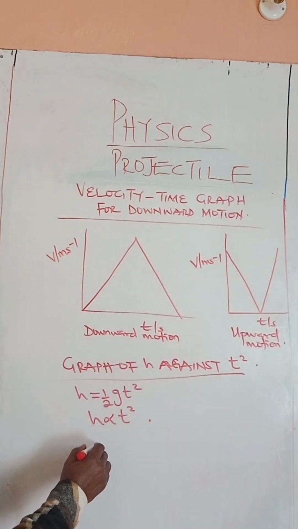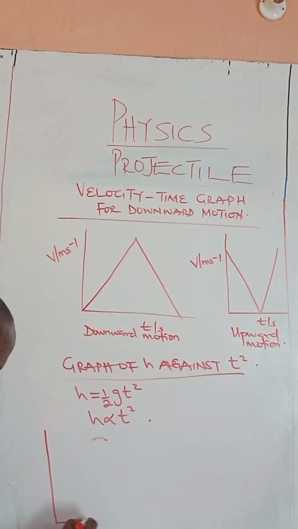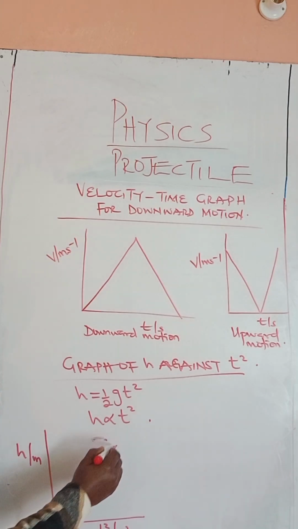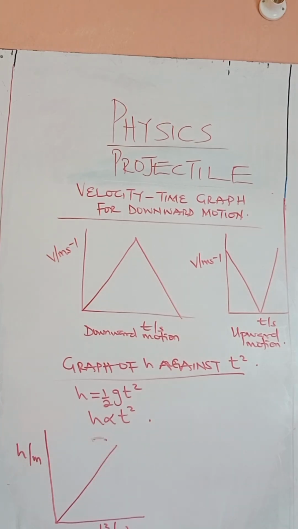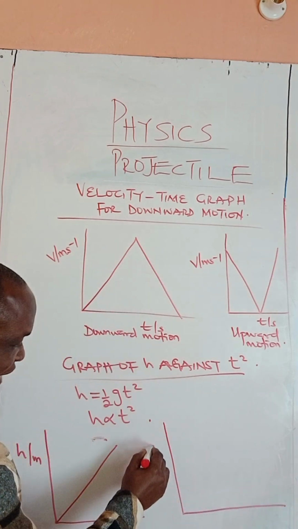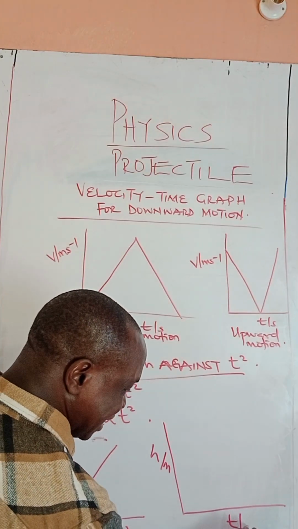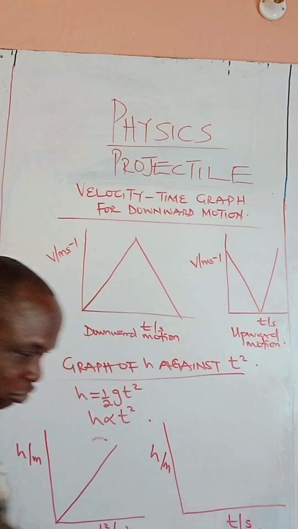So if you want to plot this graph, you have h in meter and t squared in second squared. When you plot the graph, it's a direct variation, so it's a straight line graph. Another one is they will ask you to plot the graph of h in meter against time in seconds.